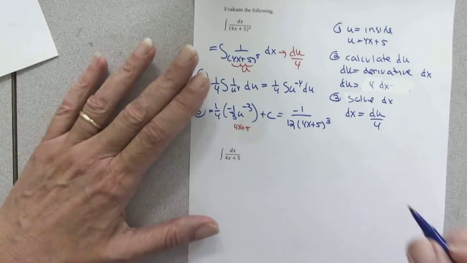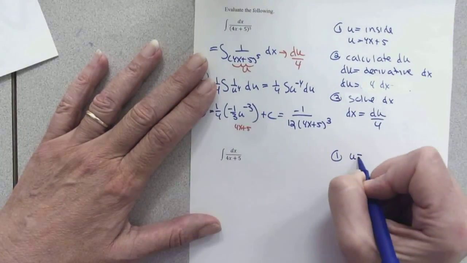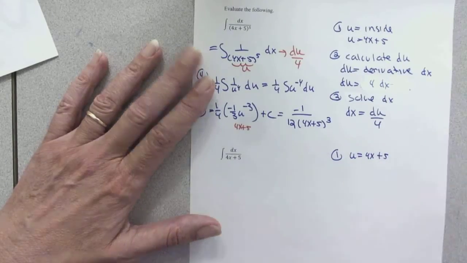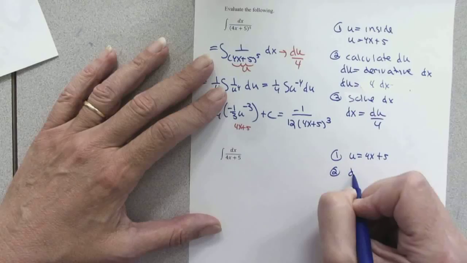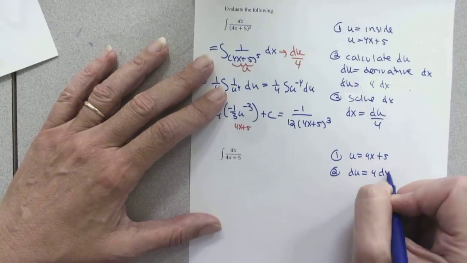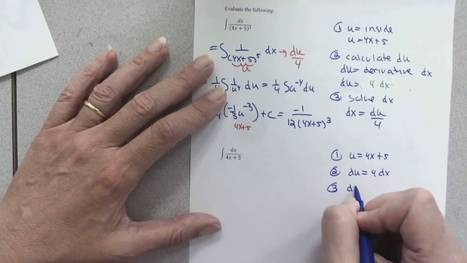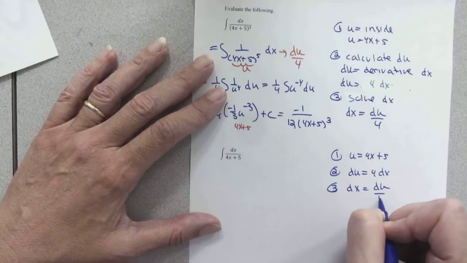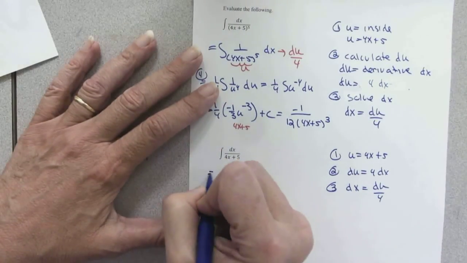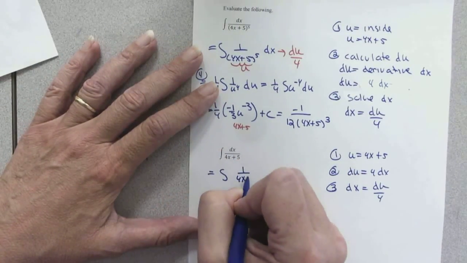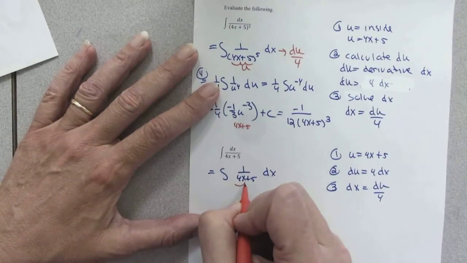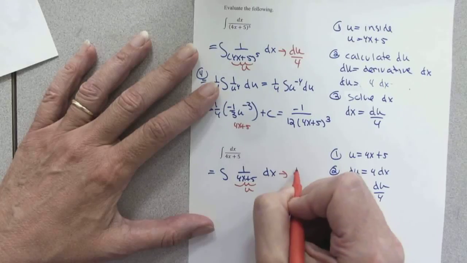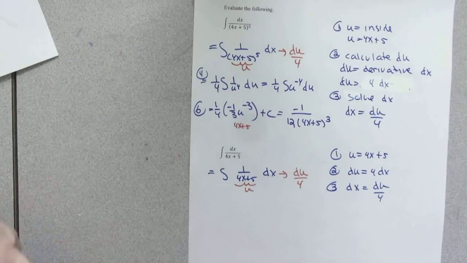Very similar here as far as at least starting. I'm going to let u equal 4x plus 5. du is still going to be 4 dx. And dx is still going to be du over 4, starting it the exact same way. 4x plus 5 is still going to be u. dx is still du over 4.